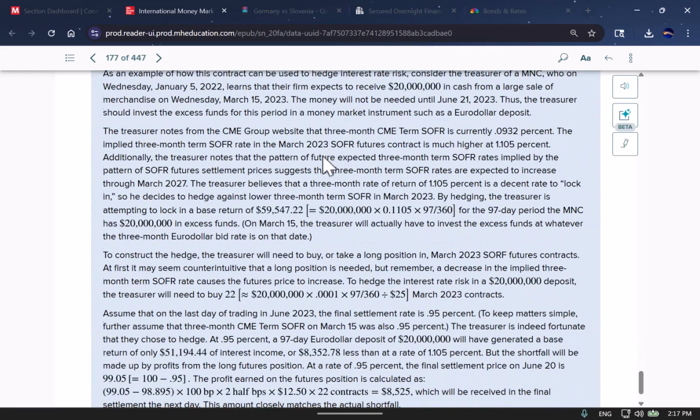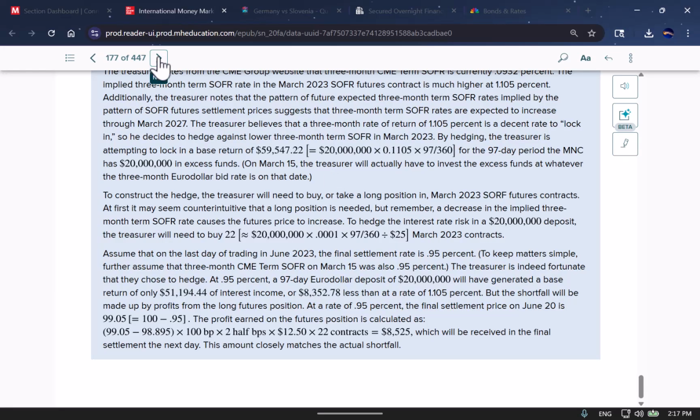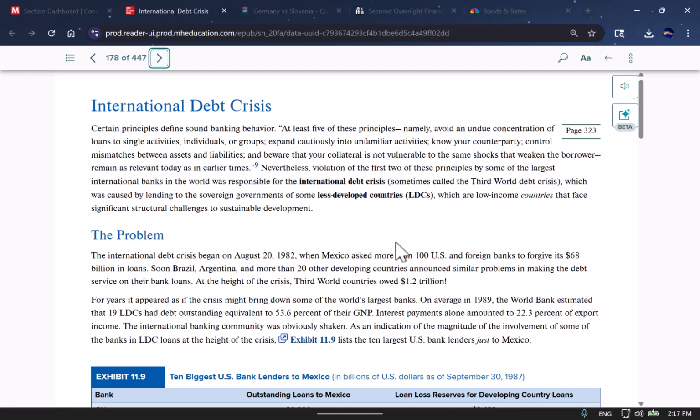All right, let's briefly talk about some of the historical crises that we have seen and how it affected international debt and money markets. The first big problem was back in early 80s.